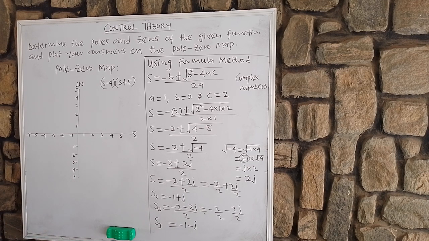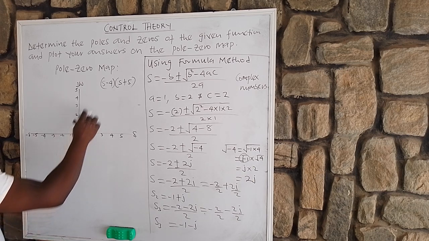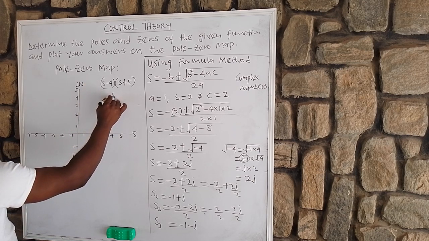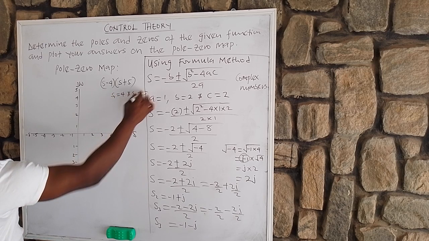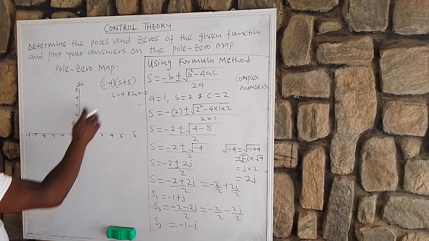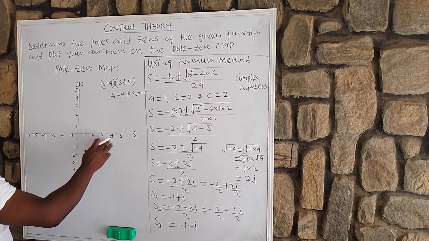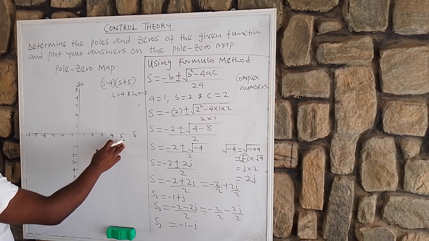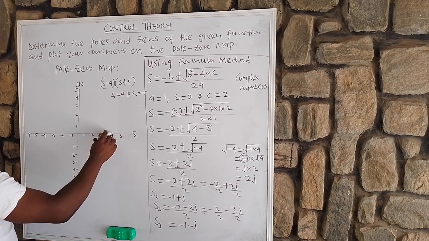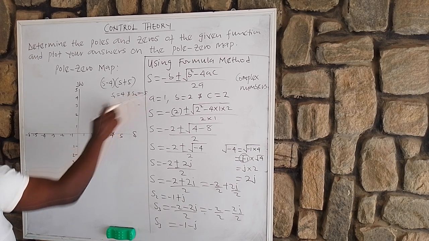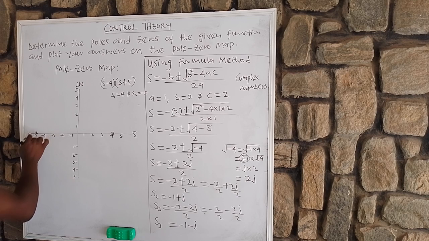So for the zeros, s1 is equal to 4, and s2 is equal to minus 5. True or false? So s1 is positive, on the positive axis, so we take it this way, 4. Then the other one is negative, take it this way.